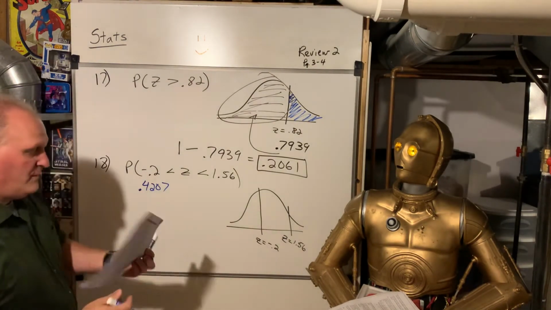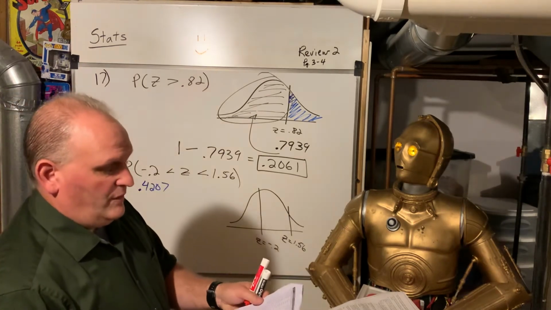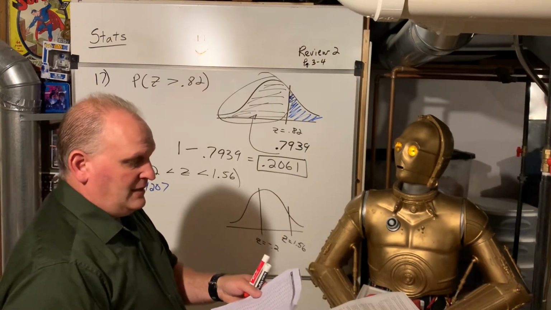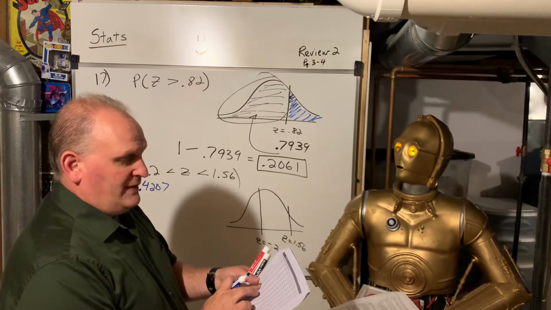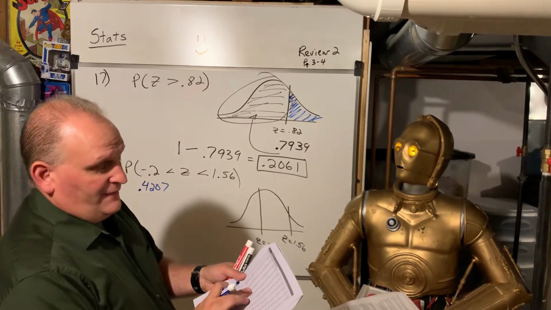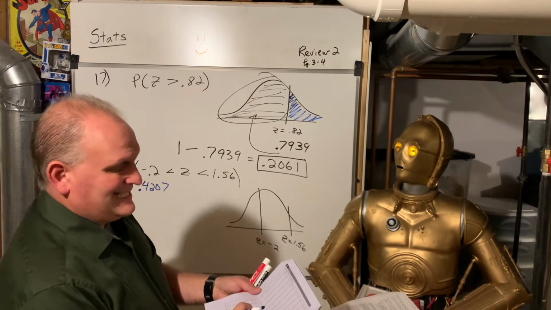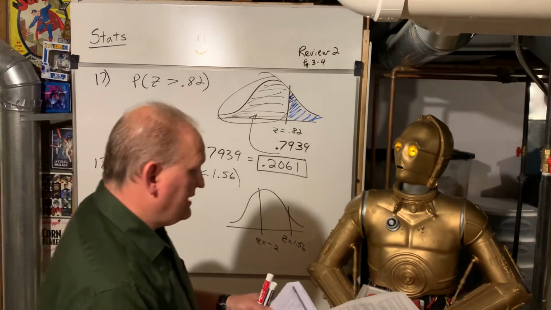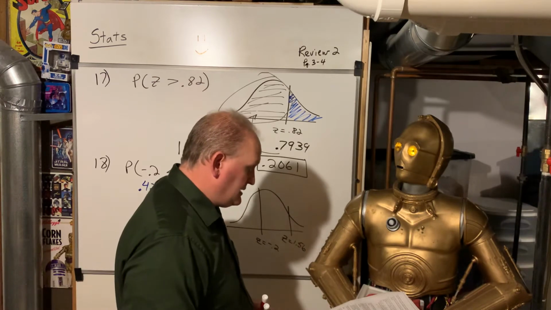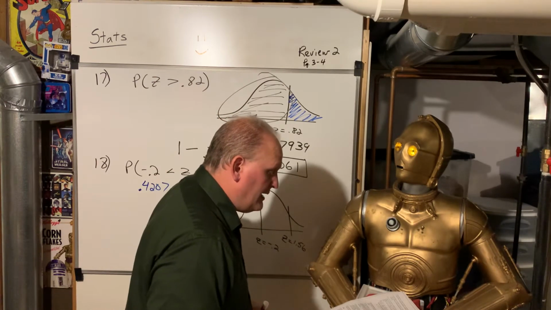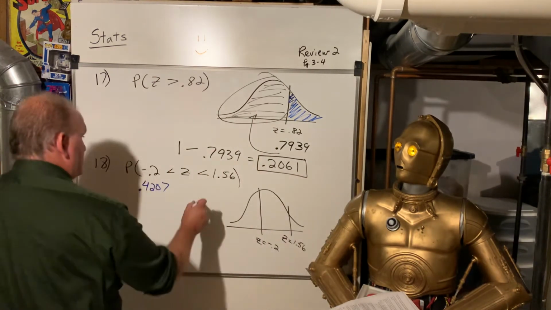And then when you look up 1.56, you go back to the positive 1.5 on the left and follow it over. It's 1.50, 1.51, 1.52, 1.53, 1.54, 1.55, 1.56 is 0.9406.